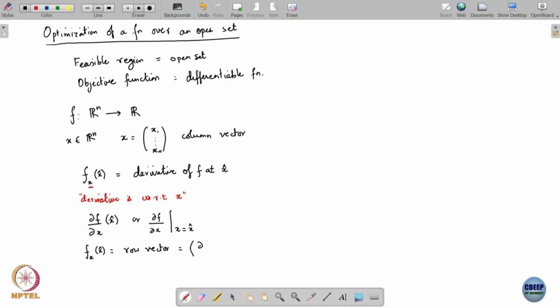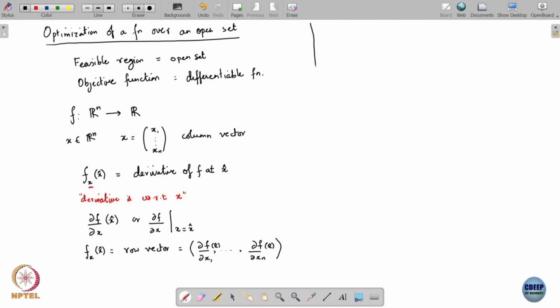You consider the partial derivatives of f with respect to each of the components of x, put them into a row vector, and evaluate all of these at x hat. So f_x evaluated at x hat is a row vector of this kind.